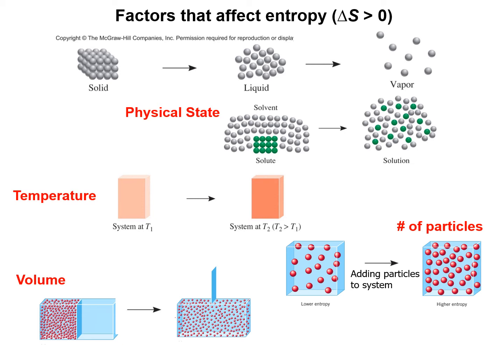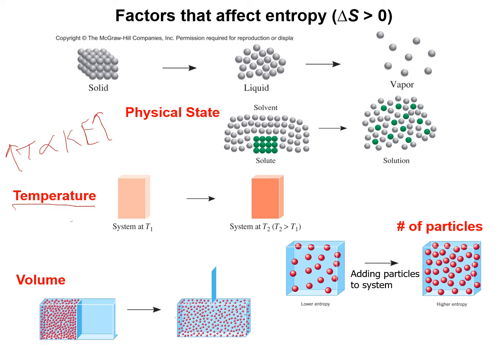The other way to change the entropy of the system is by temperature. As you guys know from previous thermodynamics experience, temperature is directly proportional to the kinetic energy of the system, right? The higher the temperature, the higher the kinetic energy of the molecules. As we increase the temperature, molecules have more energy, they start moving around, they start jumping around, right?